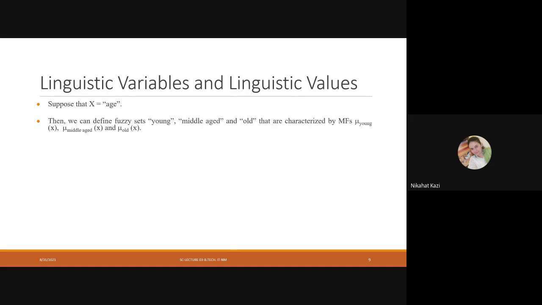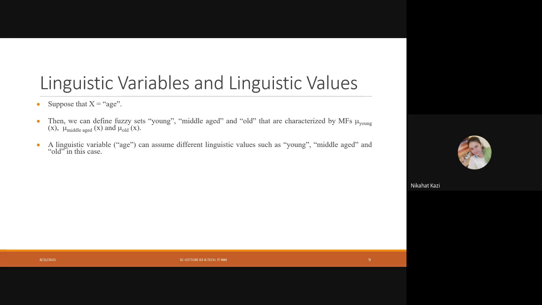Then we can define the fuzzy sets young, middle-aged, and old. So what is the meaning of the term linguistic variable? Age is a linguistic variable, and it can assume different linguistic values such as young, middle-aged, and old.